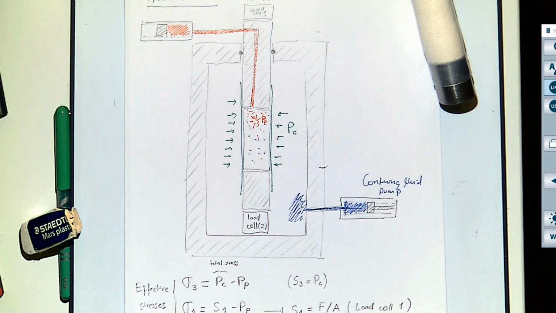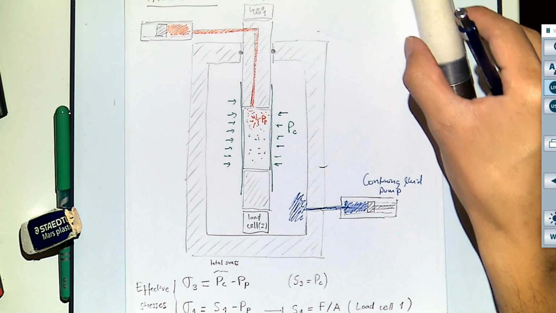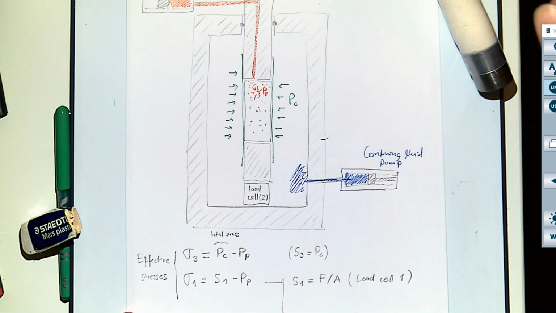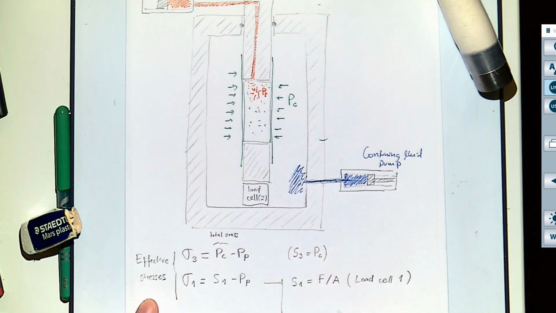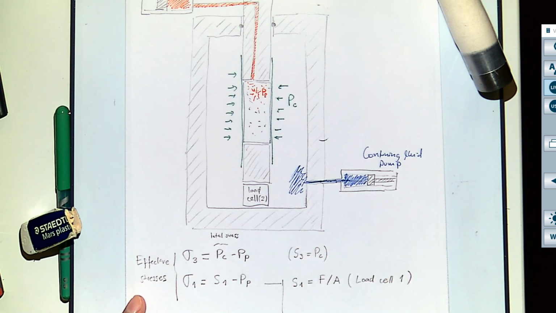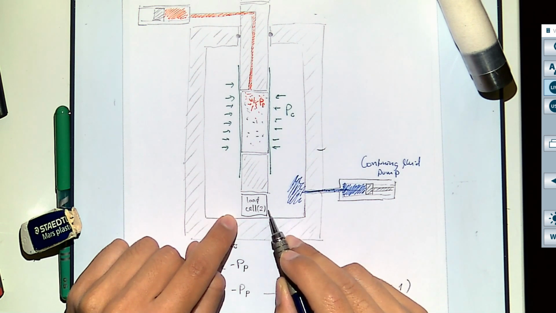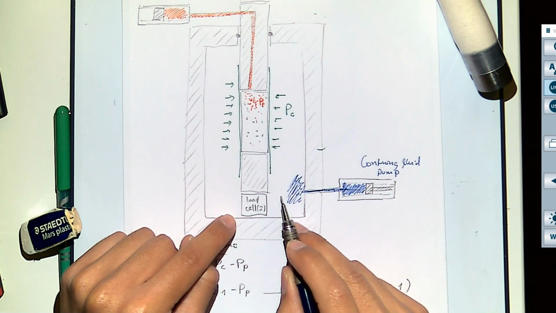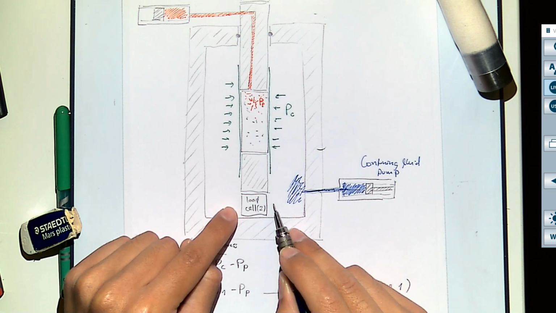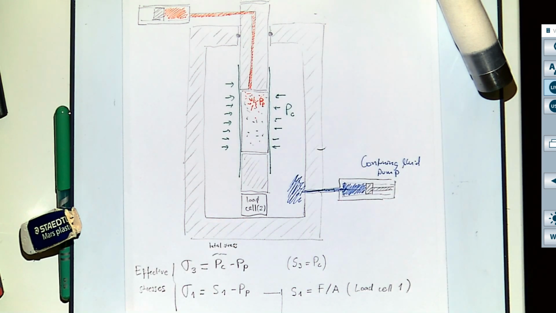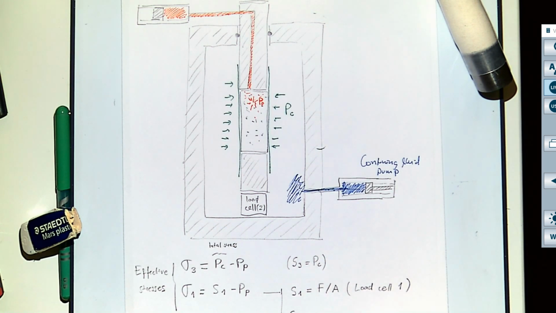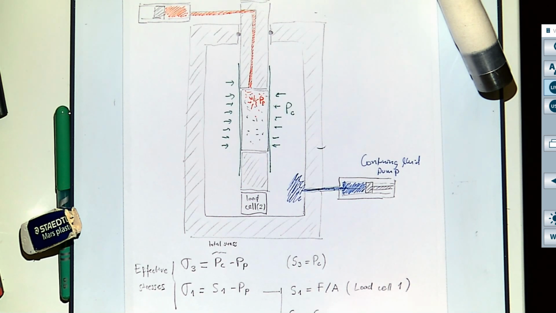However, for the homework, it's going to be slightly different, because I'm giving you data from my laboratory in which we have a load cell inside the vessel. In that case, the load cell inside the vessel already feels the confining pressure, and because it already feels the confining pressure, it's not going to read the value of S1, but it's going to read the value of S1 minus the confining pressure, or S3.